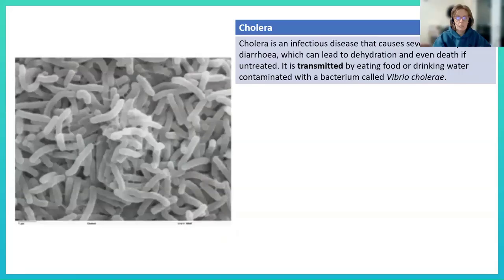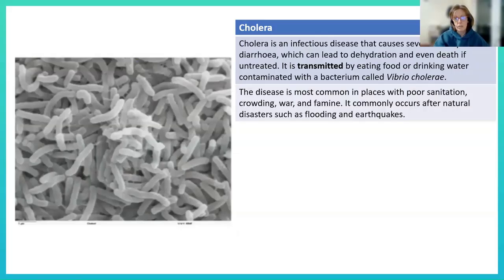And here's an example. I'll just go through this example, then we'll stop. Cholera. It's an infectious disease which causes watery diarrhea, which can quickly lead to death in young children and babies through dehydration. It's transmitted by eating food or water which is contaminated with the cholera bacterium.